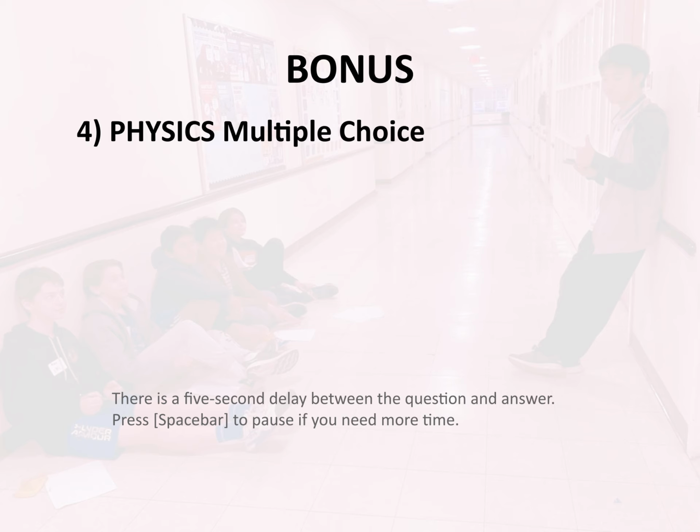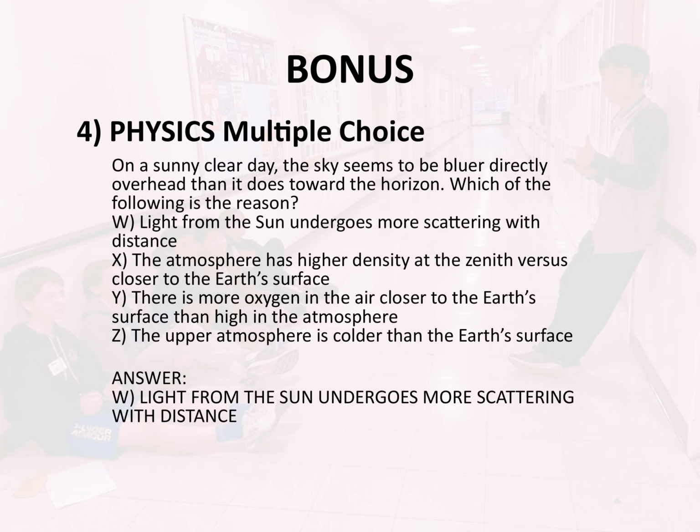Y. There is more oxygen in the air closer to the Earth's surface than high in the atmosphere. Z. The upper atmosphere is colder than the Earth's surface. Answer. W. Light from the sun undergoes more scattering with distance.